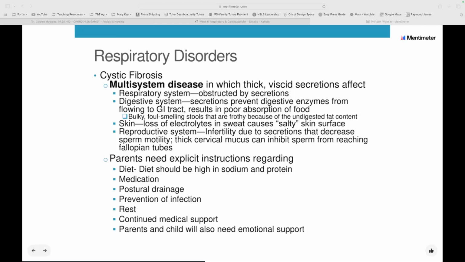So if you think about that tenfold for these kids with cystic fibrosis, you know they need a lot of rest periods, short bursts of activity. They're going to be followed very closely by their medical support team. And then parents will also need emotional support for dealing with chronic long-term illness.